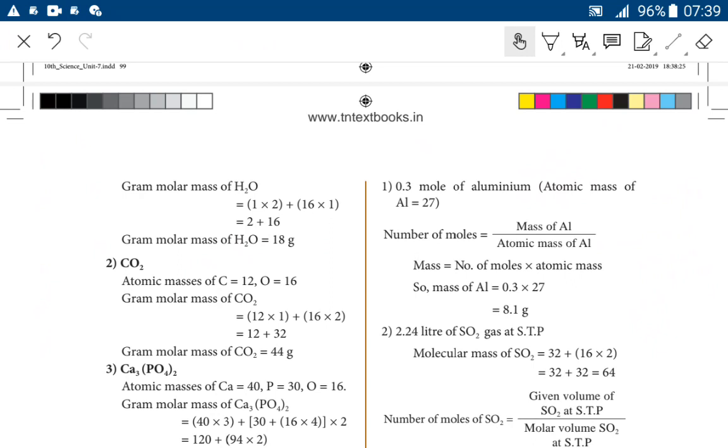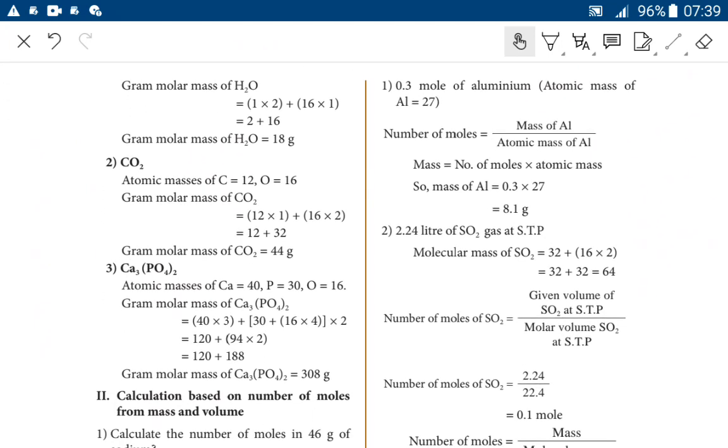Then calcium phosphate. Calcium atomic mass is 40, phosphorus 30, oxygen 16. And you have to multiply the atomic mass by its number of atoms. So 40 is the atomic mass of calcium into its number of atoms 3, 40 into 3, 120.